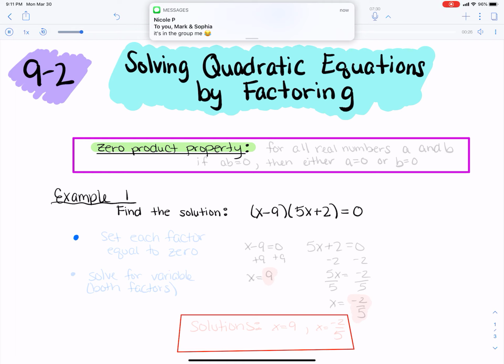When solving quadratic equations by factoring, we're going to use what's called the zero product property.